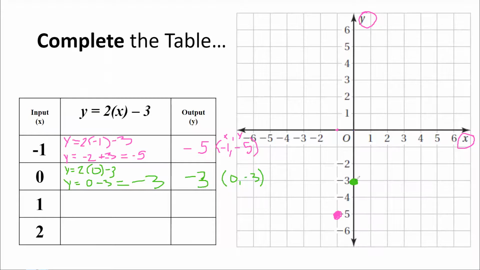If I keep going on this same slope, I'm going to go up 2 and over 1, or right 1. And so my next point should be where x is 1 and y is -1. So if I do this correctly and my prediction's correct, I should get a -1 for my output. So go ahead and substitute 1 in and see if you get -1 for that answer.